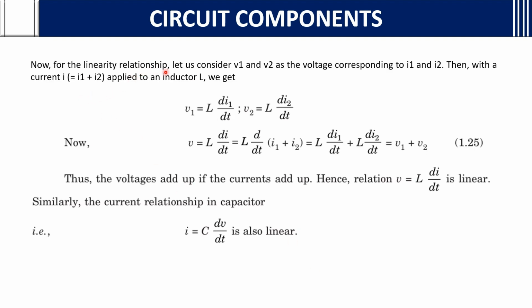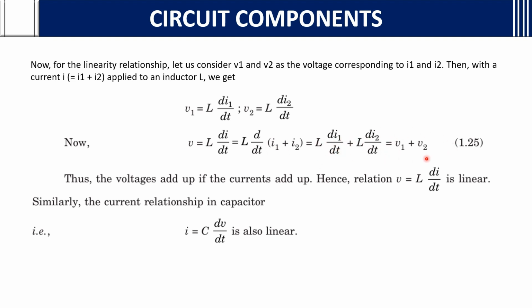Now for the linearity relationship, let us consider V1 and V2 as the voltages and i1 and i2 as the currents. If i is equal to i1 plus i2 applied to an inductor, what do we get? V1 is equal to L di1/dt, V2 is equal to L di2/dt. Then V is equal to L di/dt, where i is i1 plus i2, so L di1/dt plus L di2/dt.